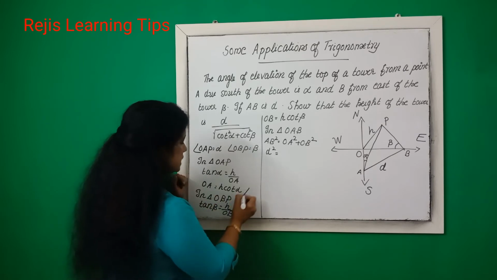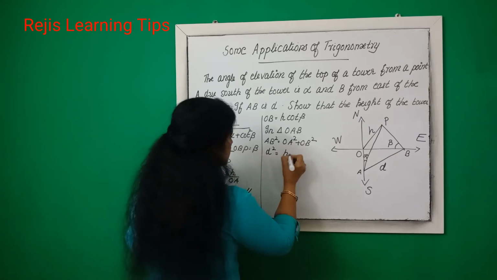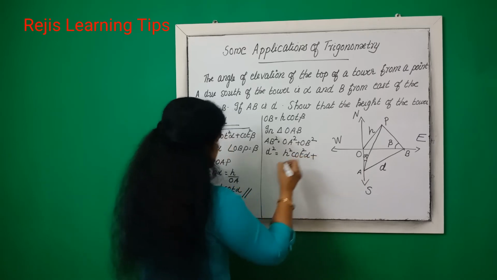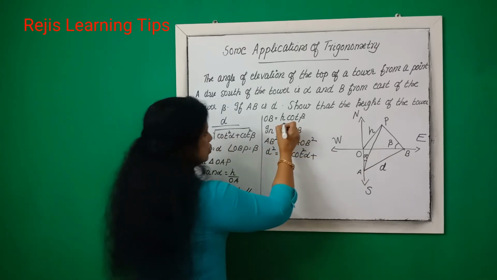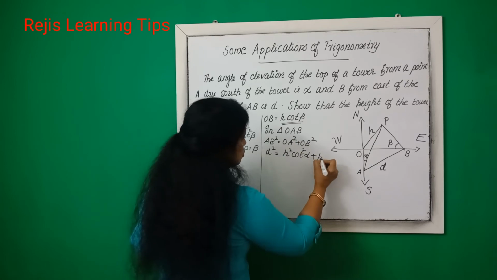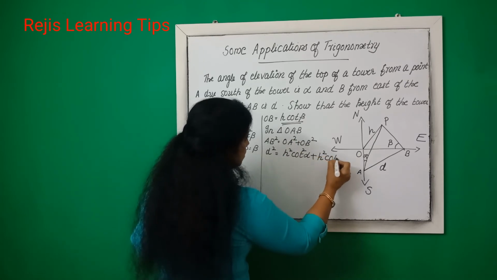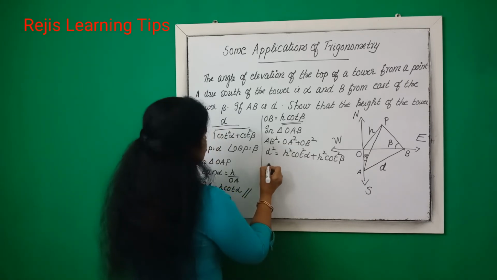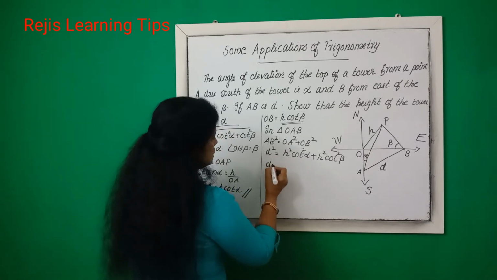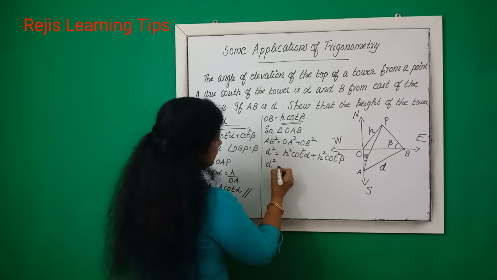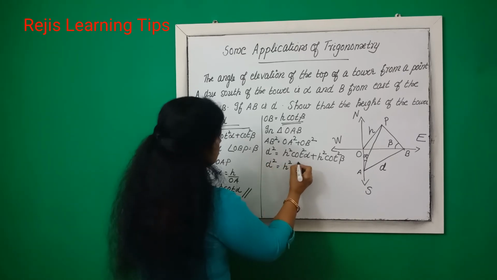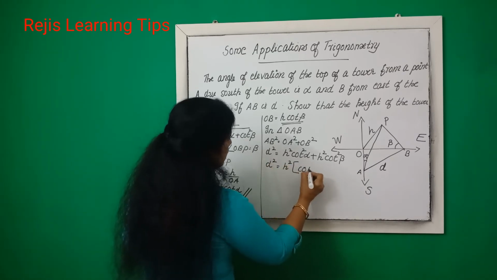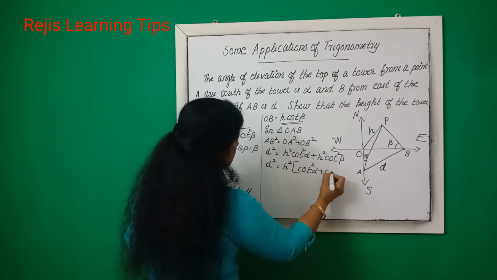OA is H cot alpha, so H square cot square alpha, plus OB square. OB is equal to H cot beta, so H square cot square beta. So D square is equal to H square into cot square alpha plus cot square beta.